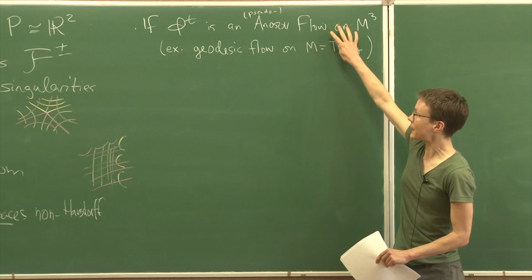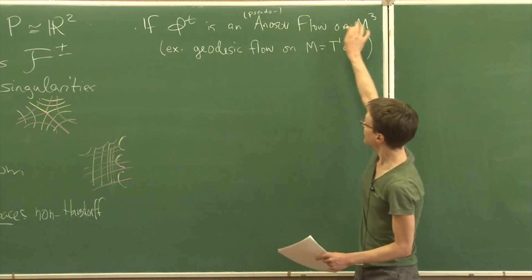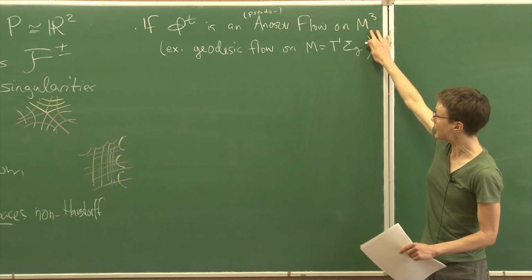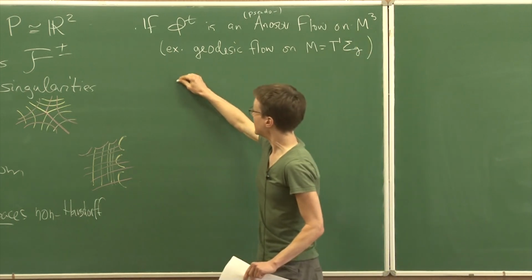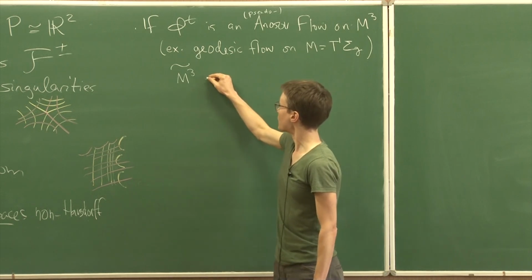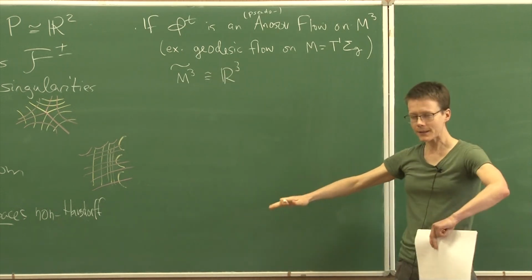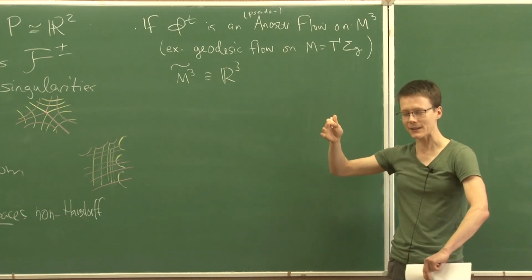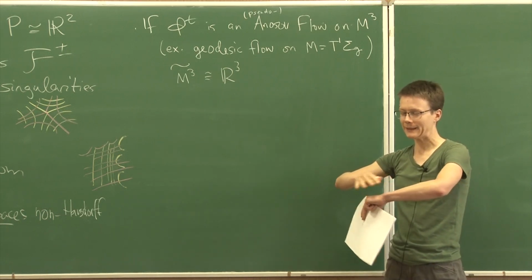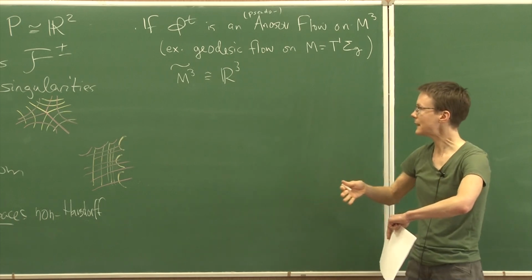So this is just set up. There's no plane here yet. Any three-manifold with an Anosov flow, its universal cover, this is a theorem, is homeomorphic to R3. And these directions of expansion and contraction, if you take the distribution that includes that direction and also the flow direction, that's integrable.